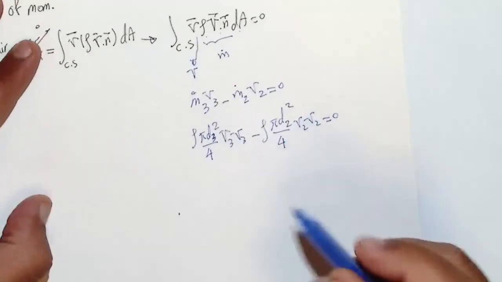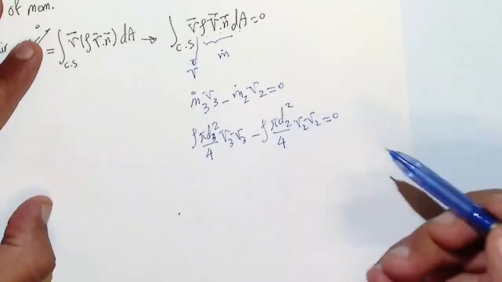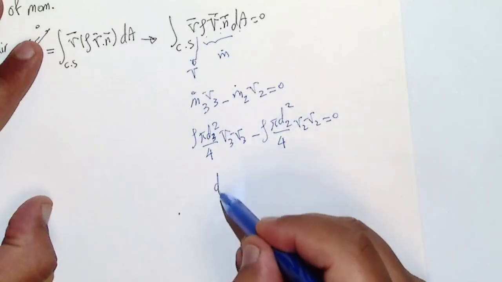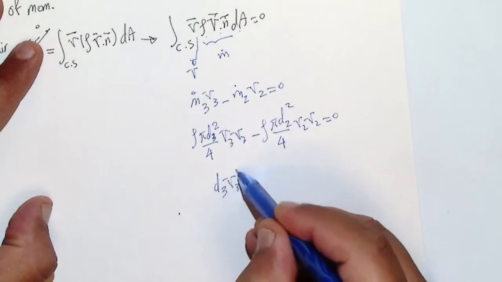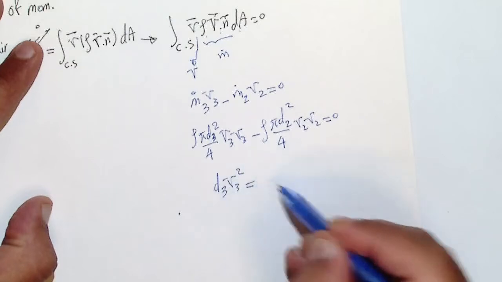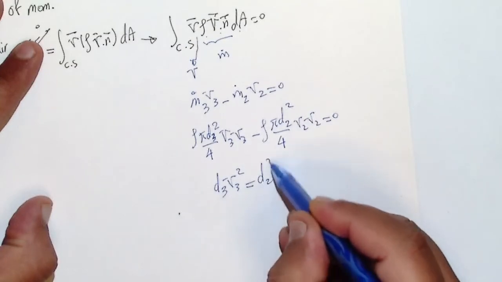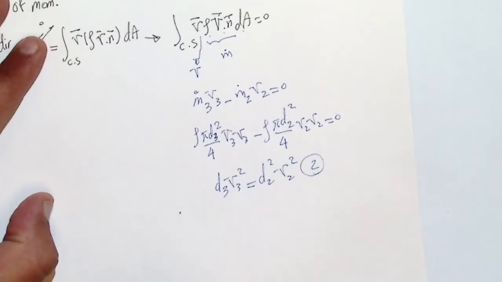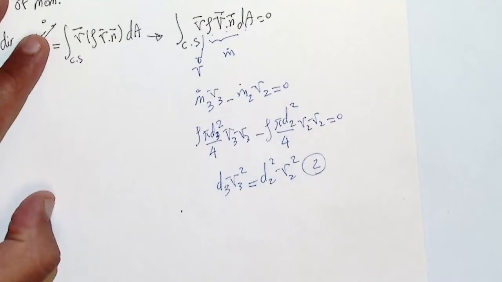So again you can cancel out rho from each side, pi over 4 from each side, and finally we'll have d3 squared V3 squared equal to d2 squared V2 squared, and that's your equation 2. Okay, so we'll keep it for now.